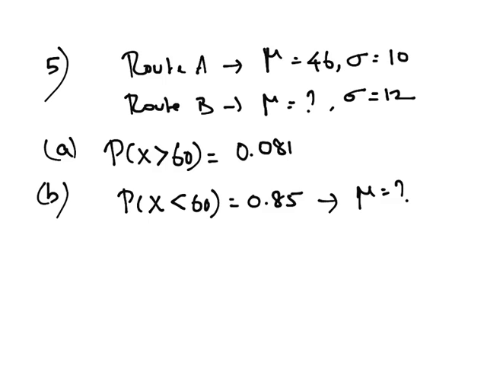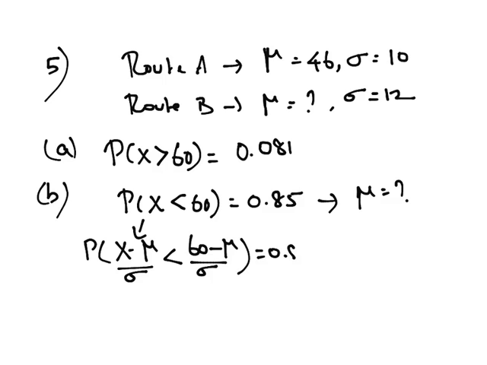So, as I mentioned, convert this x into z. How? I can write this as P of (x minus mu) by sigma less than (60 minus mu) by sigma equal to 0.85, which means P of this is nothing but z. P of z less than, now what is mu?